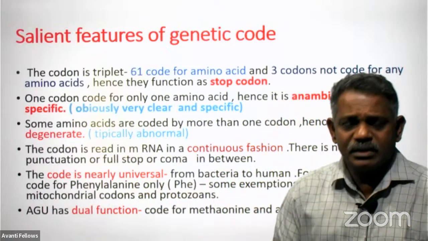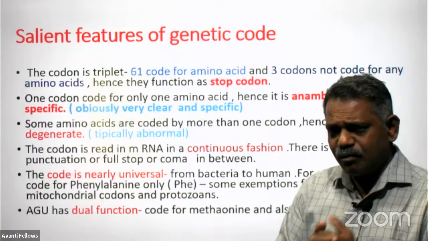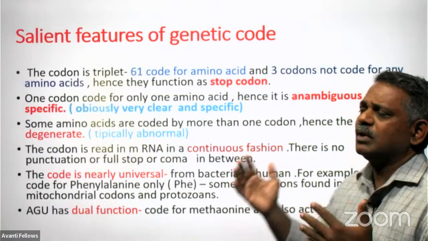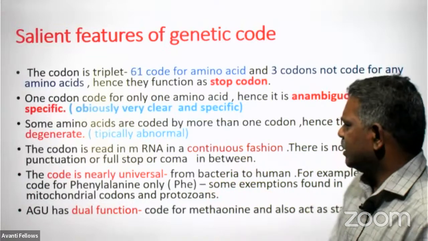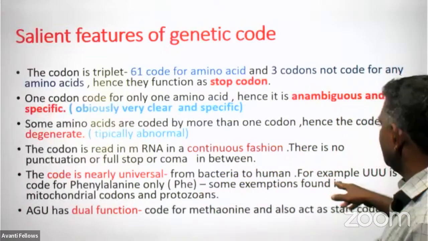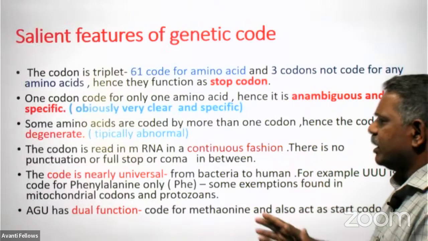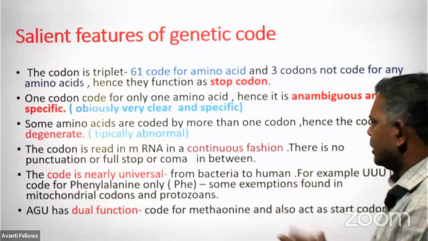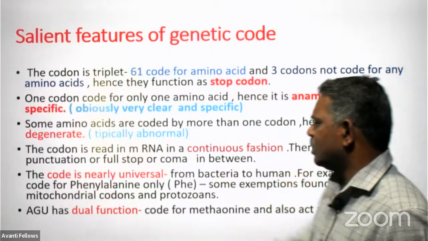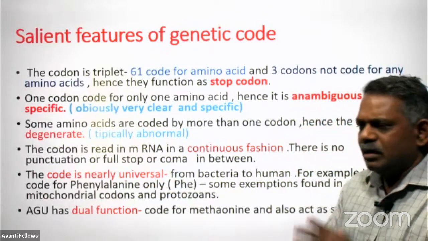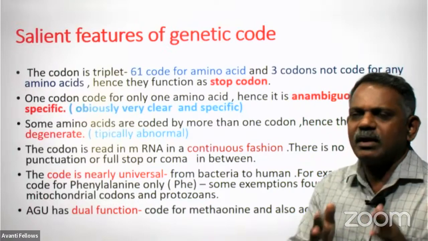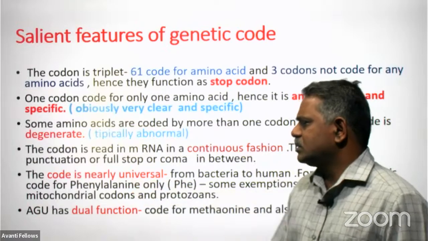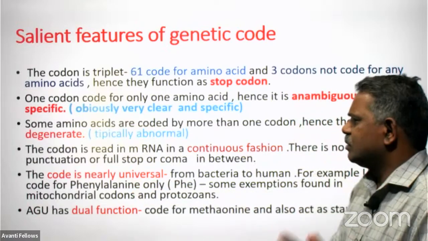Universal means the same code is there in every living organism, right from bacteria to the human being. The triplet codon is the same. For example, UUU codes for phenylalanine in all living organisms, right from bacteria to the human being. That is why I told you this triplet code is universal.